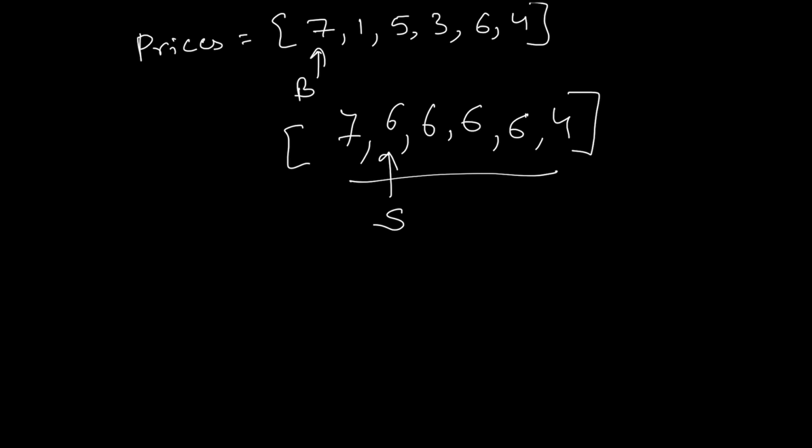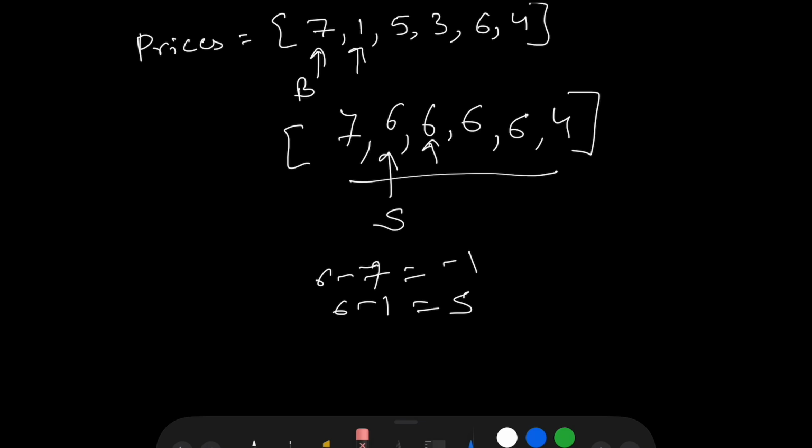If we negate, 6 minus 7, you will get minus 1 here. For the next buy price 1, 6 minus 1, you will get 5 here. Similarly, when you do this loop, you will get the maximum here. This is the main strategy which we need to use.